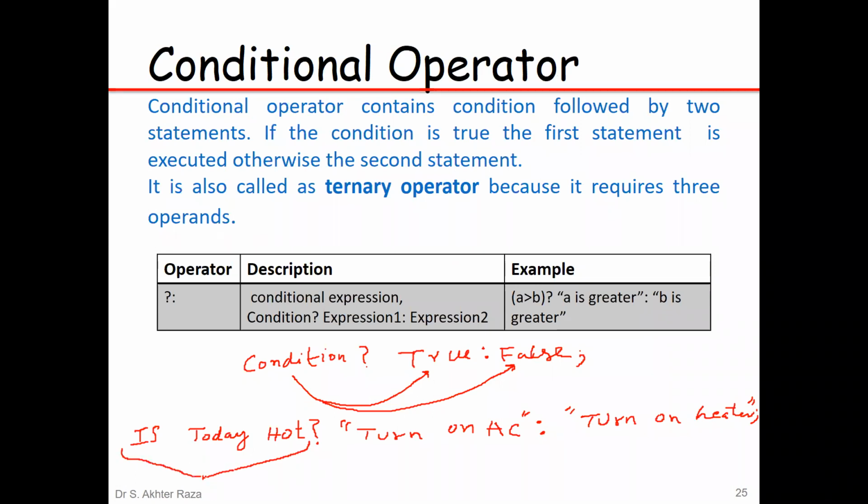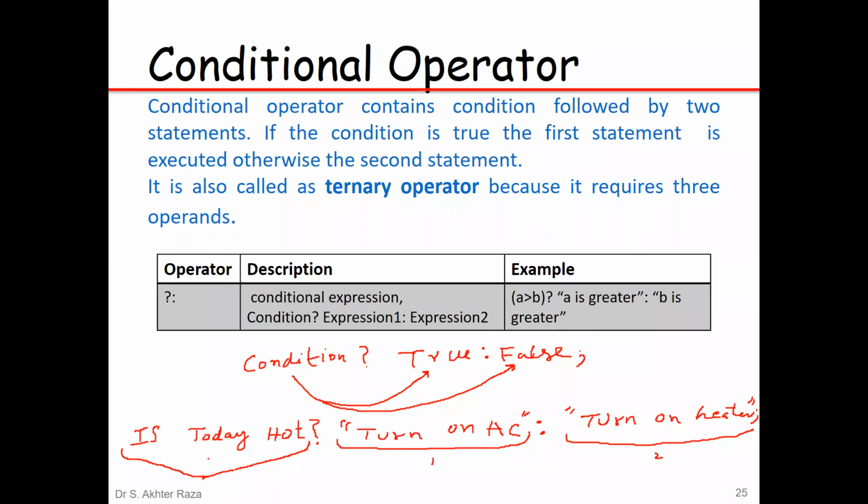Before the question mark, what should I have? It has a condition. And after the question mark, I have two elements: element number 1 and element number 2. Out of these three elements, the precedence of the condition is high. The condition will be solved first.